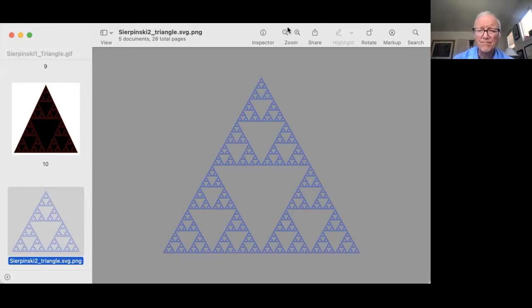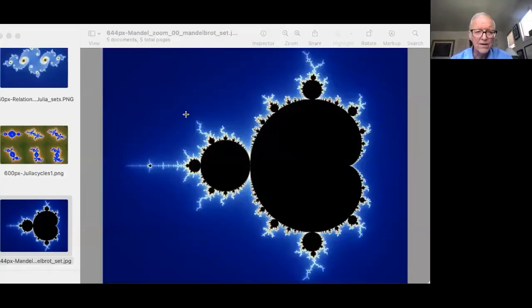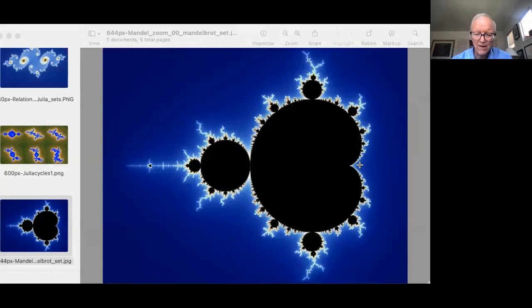Now, there are many other examples of fractals, and let me show you another example. These fractals are called Julia fractals.